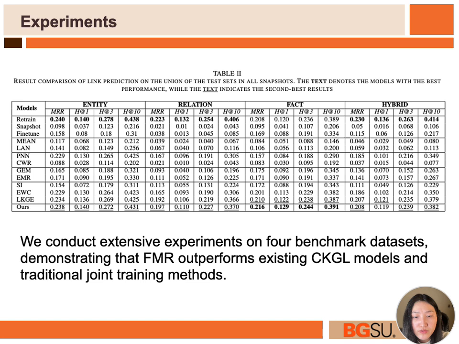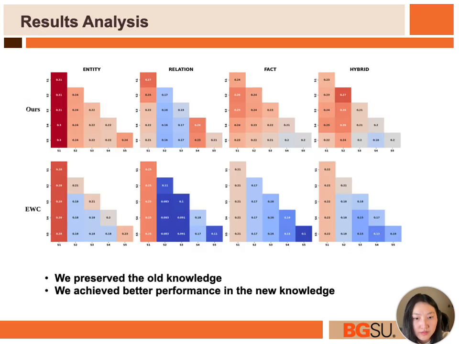This group includes SI, EWC and LKGE. Our results demonstrate that FMR significantly outperforms existing continual knowledge graph models. Notably, on the FAC dataset, FMR even surpasses the joint training, showcasing its ability to balance efficiency, adaptability, and performance.